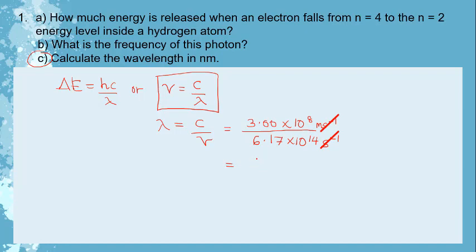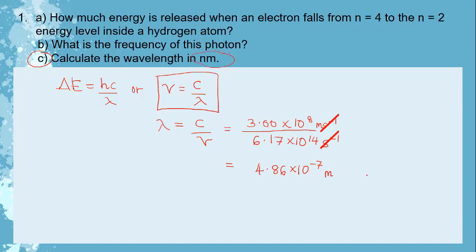So the answer is 4.86 times 10 to the power of negative 7 meter. But look at the question again. The wavelength that we need to calculate should be in nanometer.